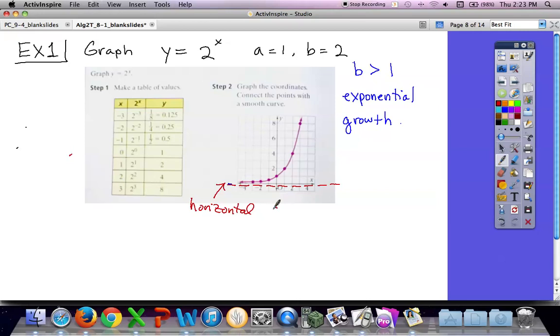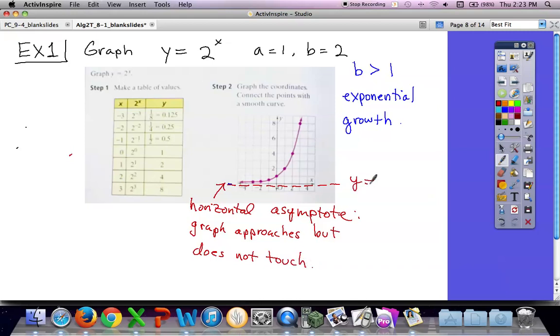New word: asymptote. The graph approaches but does not touch. And that line is y equals 0. That's the line.